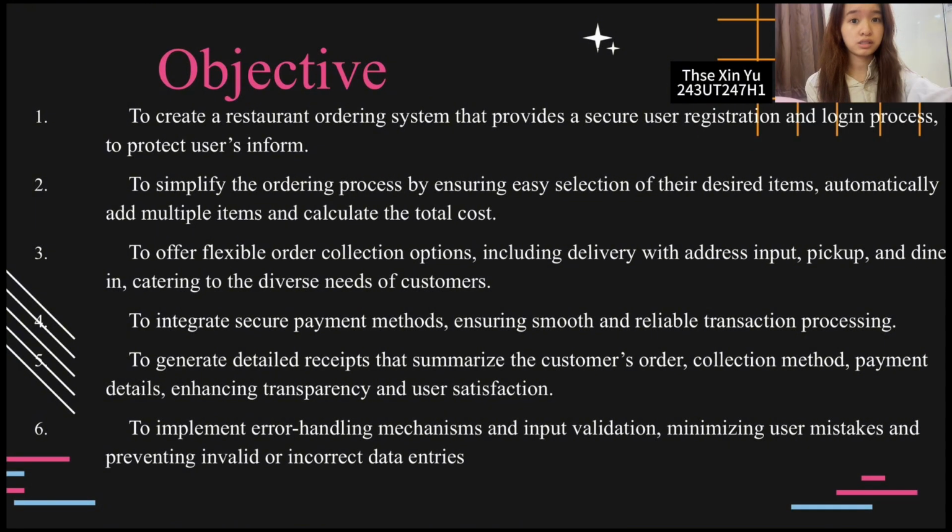And the fourth objective is to integrate secure payment methods, ensuring smooth and reliable transaction processing. We also want to generate detailed receipts that summarize the customer order, collection method, and payment details, enhancing transparency and user satisfaction. So that's all for me.